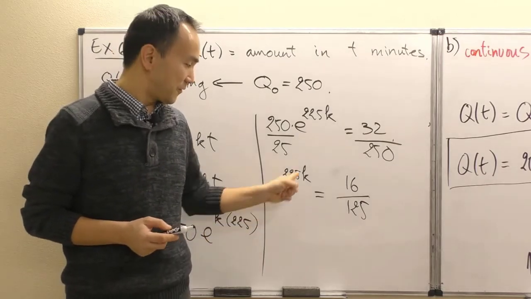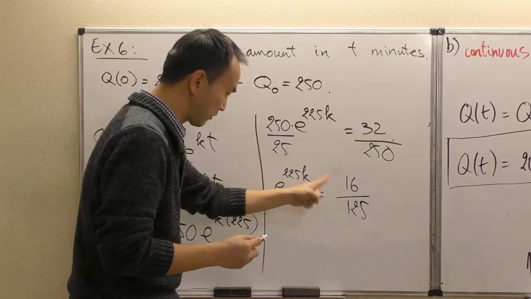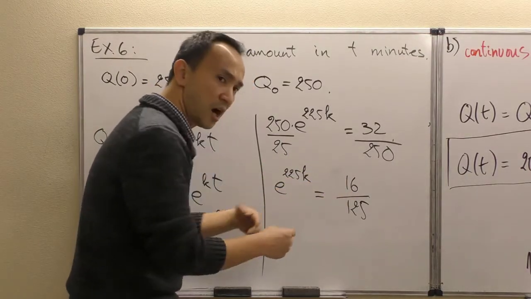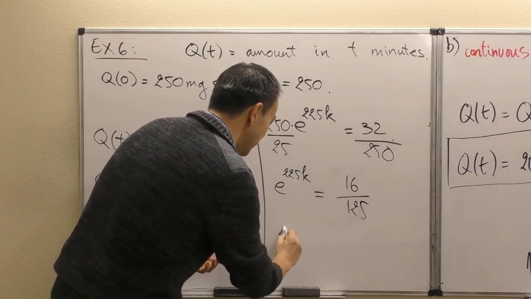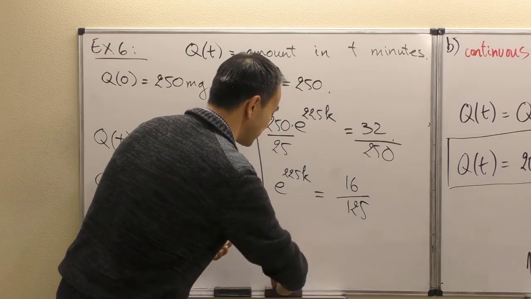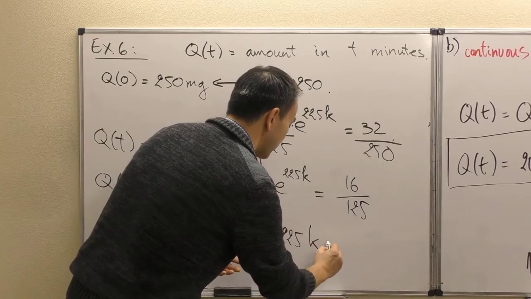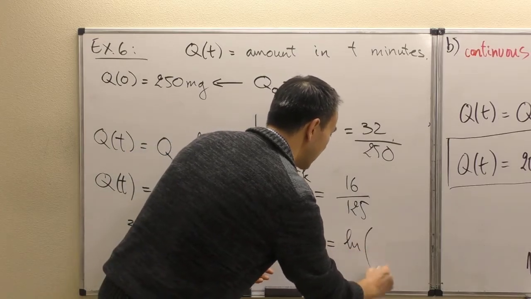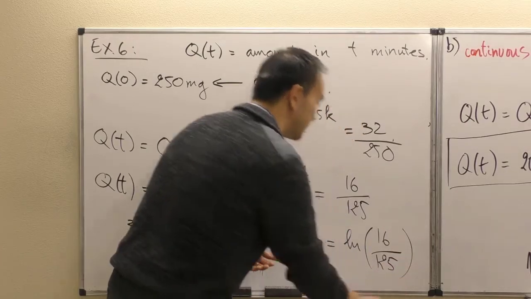Now from this equation, we can quickly rearrange it into logarithmic form. So I can rewrite this as 225k equals natural log of 16 over 125.